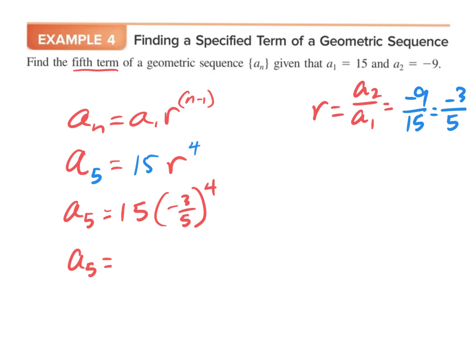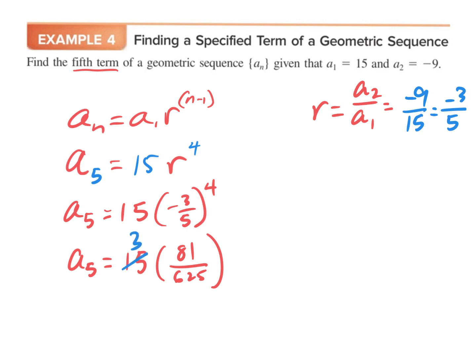All right, so we got all kinds of different answers. Well, I'll do it without a calculator and we'll see. Oh, all right. Big flex. Yeah, that's right. This is 81 over 625. 3 to the fourth is 81. 5 to the fourth is 625. So now I can cancel some stuff. What goes into 15 and 625? 5.